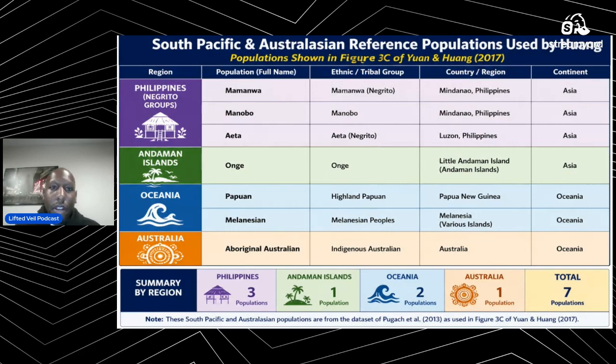South Pacific and Australasian reference populations used by Huang, Wang, or Wan and Shu Wang. Pretty much self-explanatory here. So a total of 7 from that reference point.